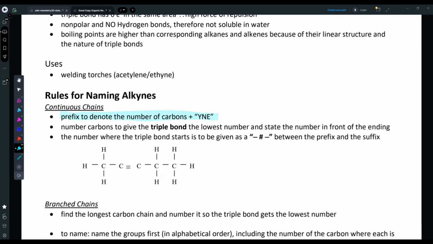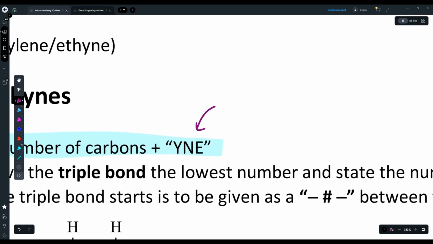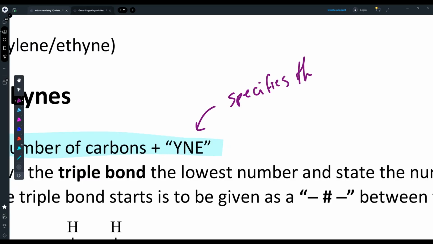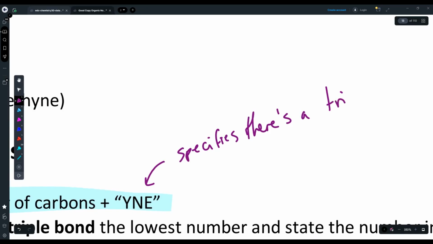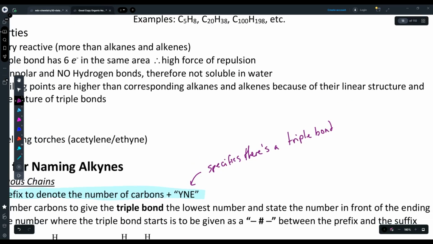YNE specifically means you have a triple bond. Same purpose as the ENE ending in alkenes, meaning that there is a double bond somewhere in your compound.